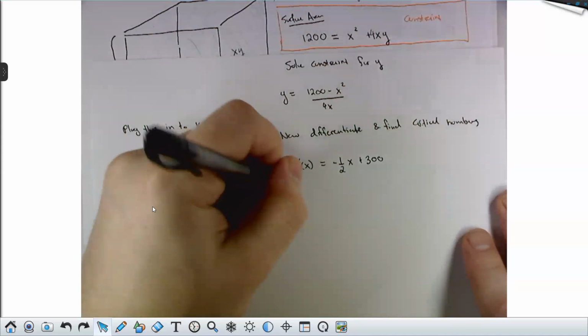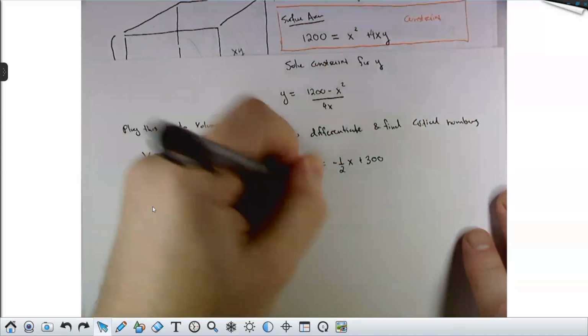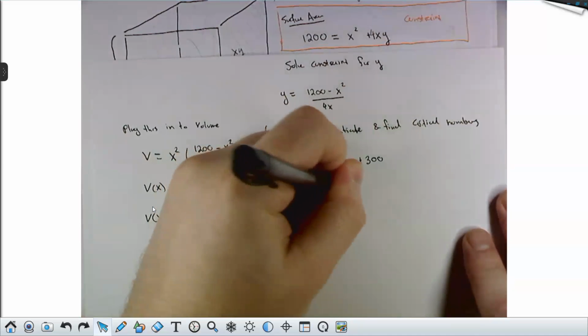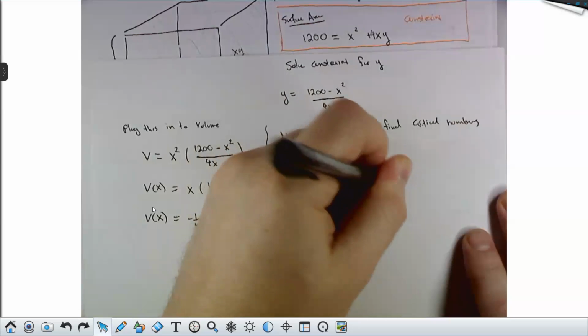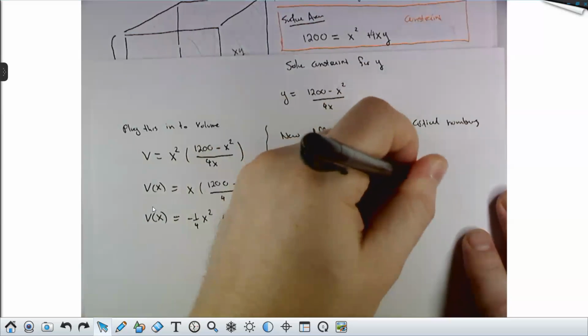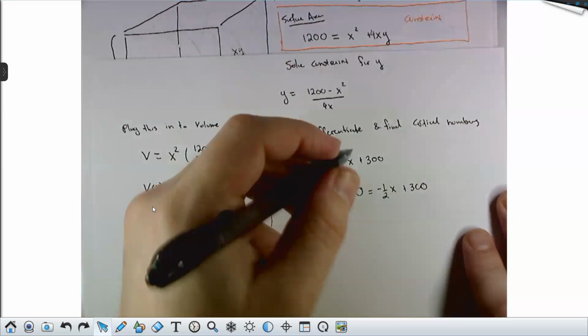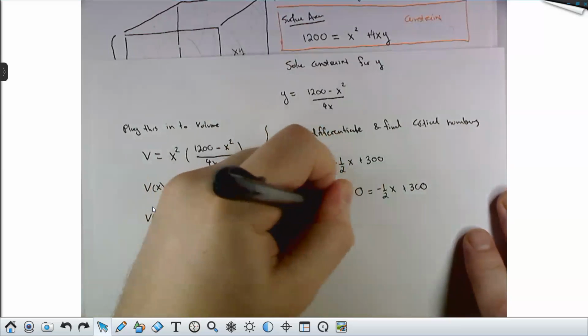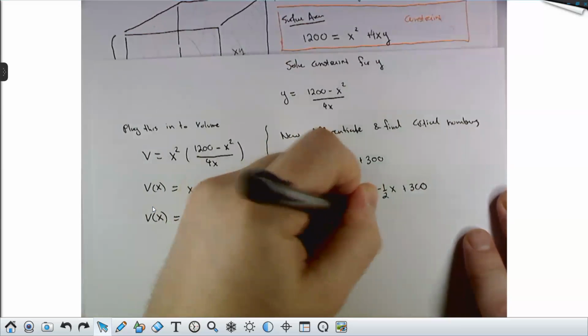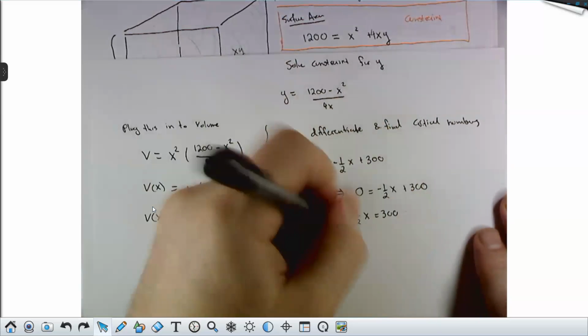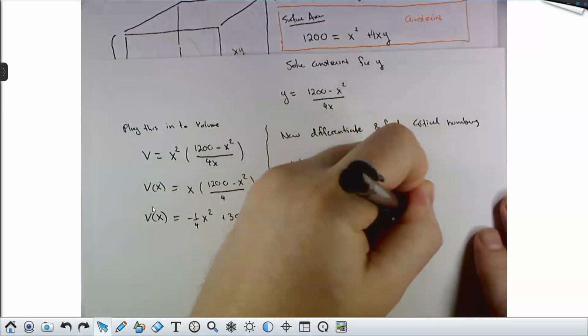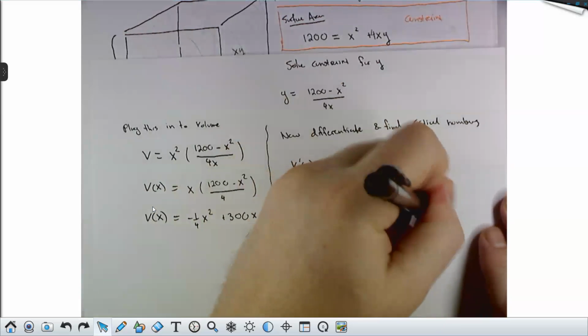So setting this equal to 0 means we'll have 0 equals negative 3/4 x squared plus 300, which means 3/4 x squared equals 300. Oh, look at that. That's funny. So x squared is 400 again here. This is just a silly coincidence.